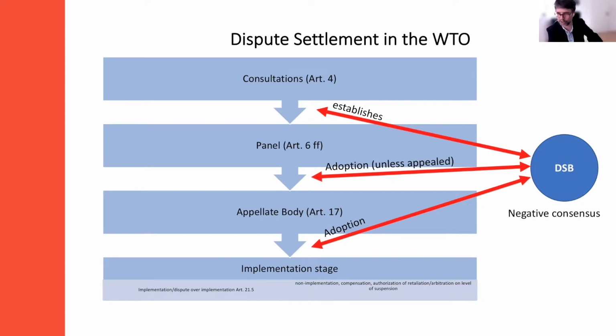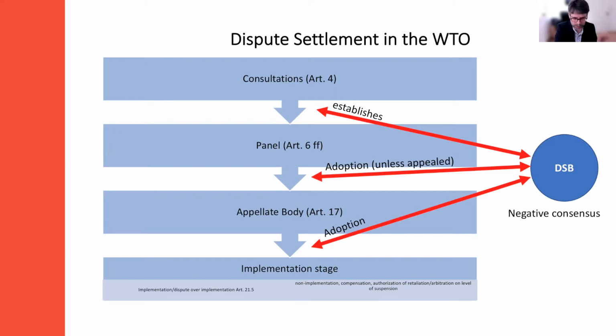All of these actions by the dispute settlement body since the establishment of the WTO happen by negative consensus, which means you have a right to a panel to be established unless all WTO members agree that there shouldn't be a panel. You will get your panel report adopted unless all WTO members agree that this won't happen. And the same is true for the adoption of the appellate body report.